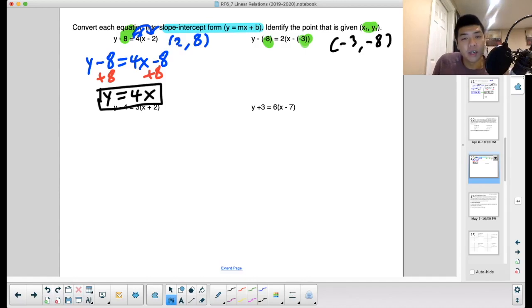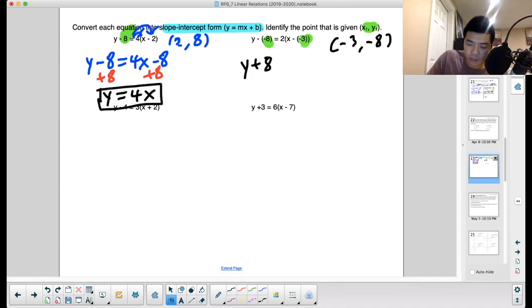Notice that if I simplify, y minus a negative 8 would be the same thing as y plus 8. Here my y1 is actually negative 8, and my x1 is actually negative 3. When we subtract a negative 8, we end up with y plus 8.